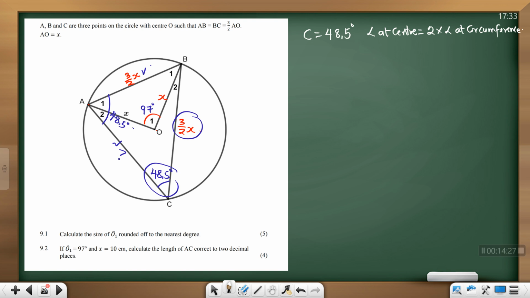Now we have angle A is also what? 48,5 degrees. What's your reason? Angles opposite equal sides. That's an isosceles triangle. We can therefore say that BC over sine A will be equal to what? AB over sine C.